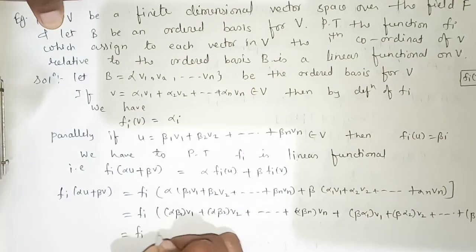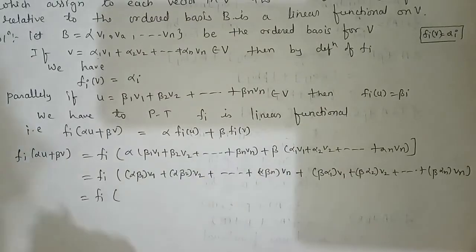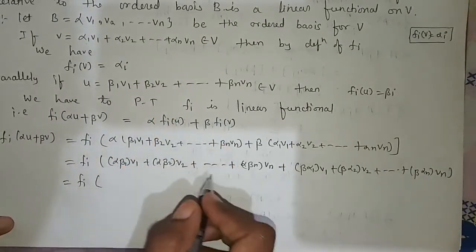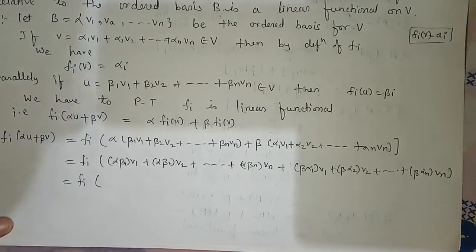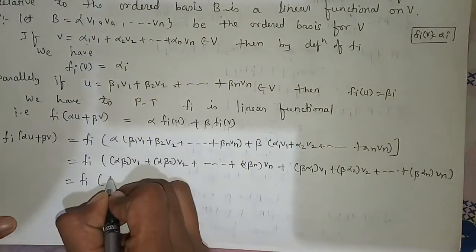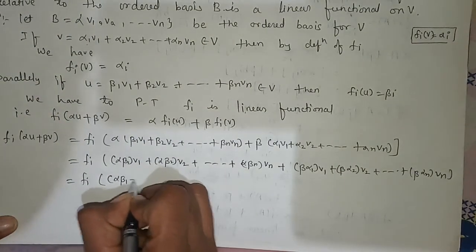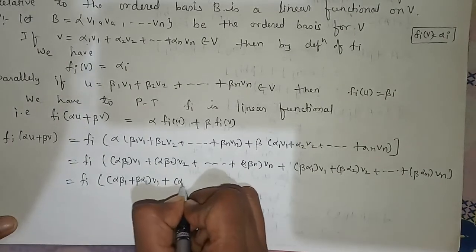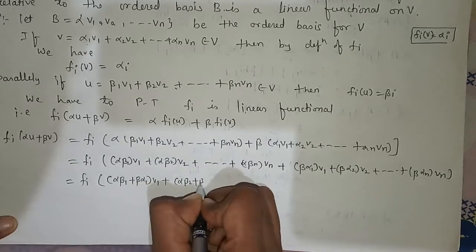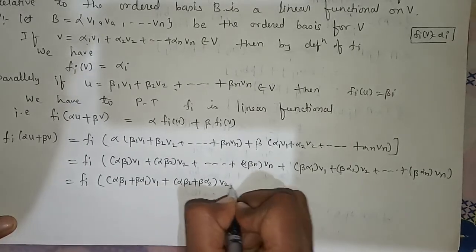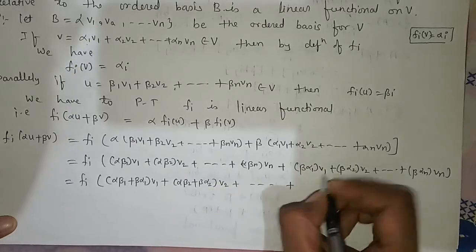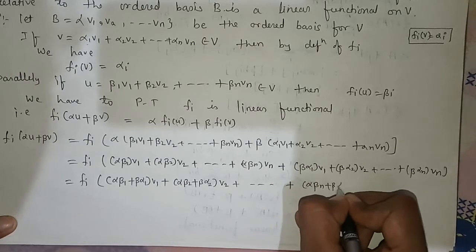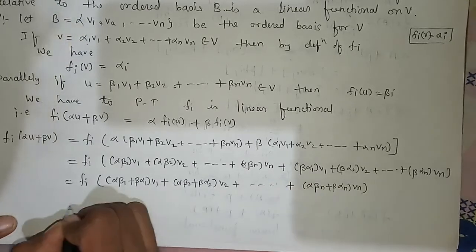Now from this, we can see that we have two terms of v1, two terms of v2. So we can write alpha beta 1 plus beta alpha 1 times v1, plus alpha beta 2 plus beta alpha 2 times v2, plus alpha beta n plus beta alpha n times vn.